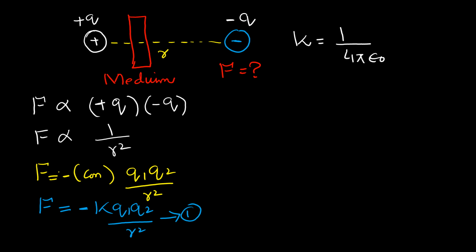We can incorporate this value of K in equation number 1. So the force of attraction between two opposite point charges is equal to minus 1 over 4 pi epsilon naught into Q1 Q2 divided by R square.